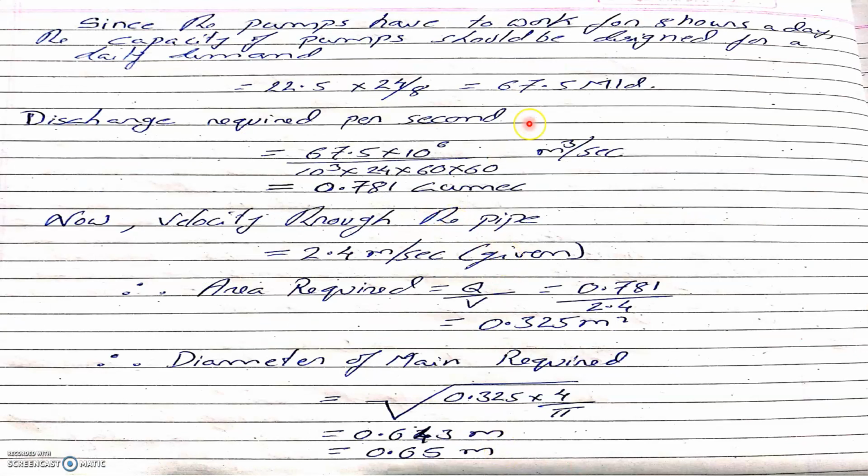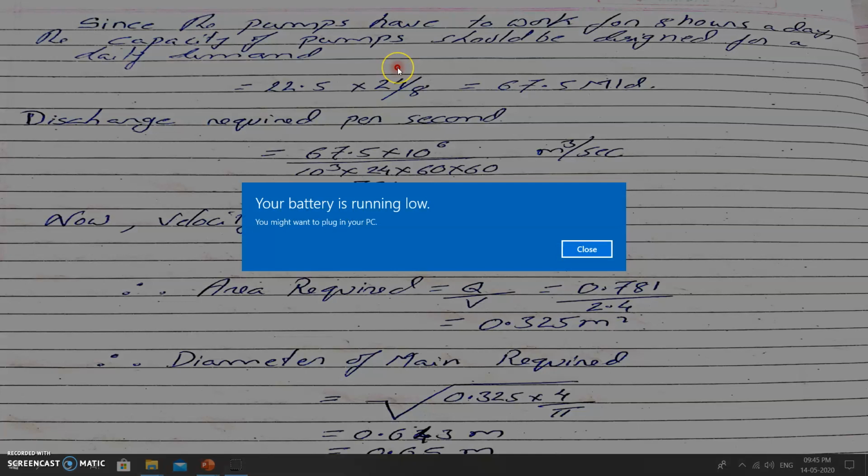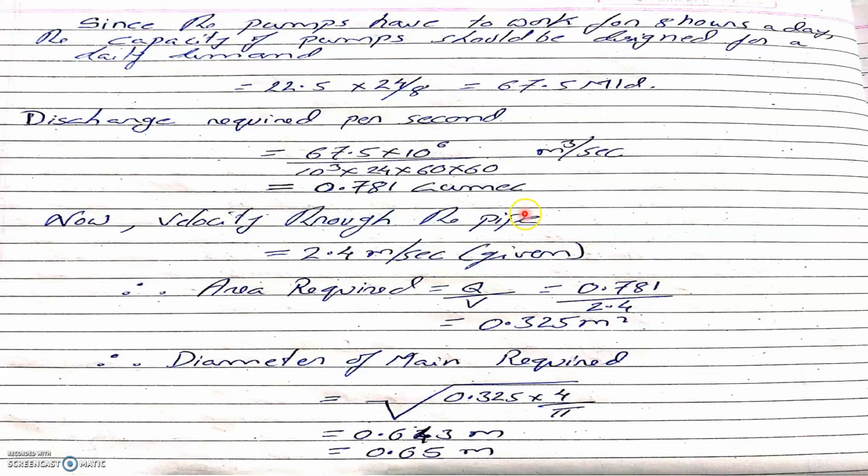Now, as I stated earlier, you need to supply the water in an 8-hour duration, so the quantity becomes more here. For that, what we need to do is 22.5 into 24 divided by 8. This much quantity is required to be pumped in that 8-hour duration.